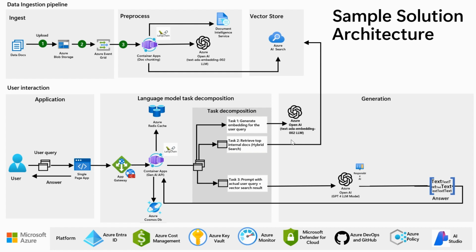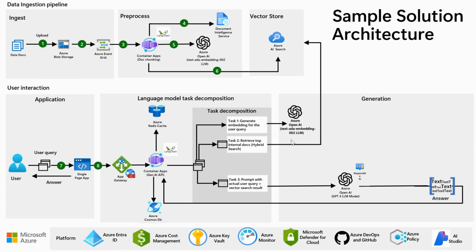Let's say if it is a PDF document, I can intelligently retrieve the necessary information out of the PDF document, create an embedding version of that particular data, and push that information into a vector store, in this case using Azure AI Search.